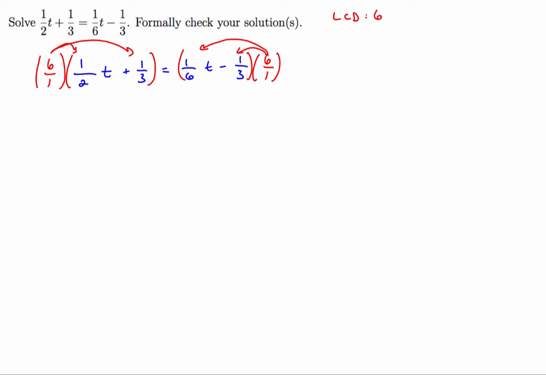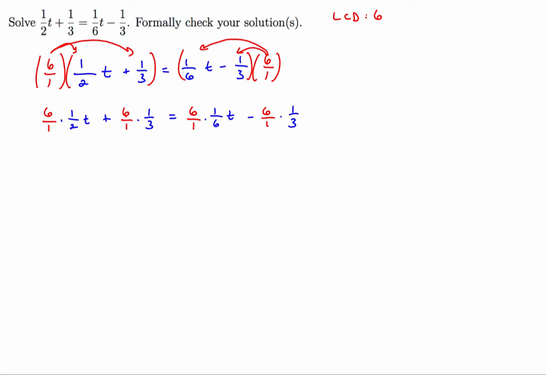Because there are many different fractions throughout this equation, I tend to write this step out. 6/1 times 1/2 t plus 6/1 times 1/3 equals 6/1 times 1/6 t minus 6/1 times 1/3. If you're more comfortable doing this multiplication in your head, that is fine, but the more complicated it becomes, the more I would encourage students to write this out.